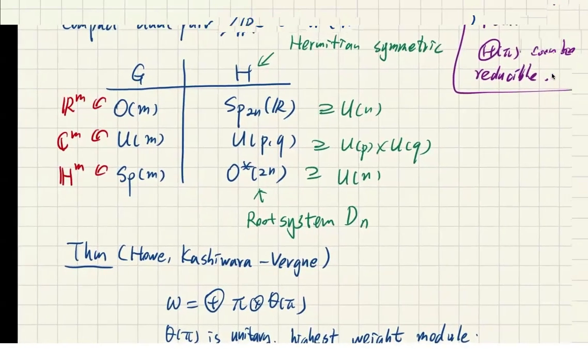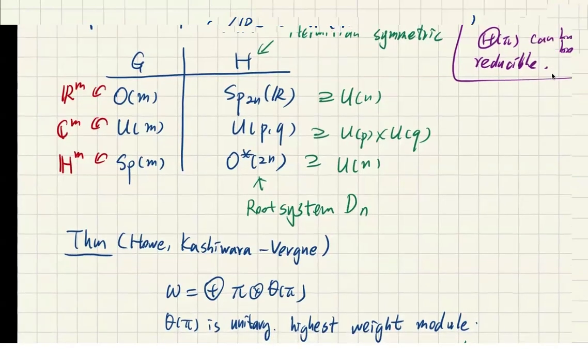So the counterpart of H will be Sp(2n,R), U(p,q), and O*(2n). Okay, so the amazing part is that the maximal compact subgroups inside these three cases are all unitary groups, essentially.